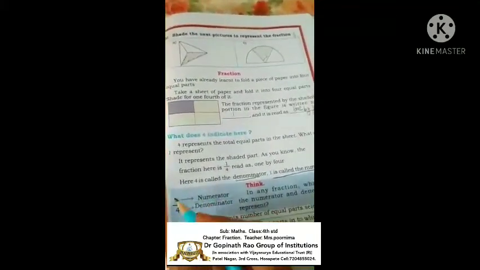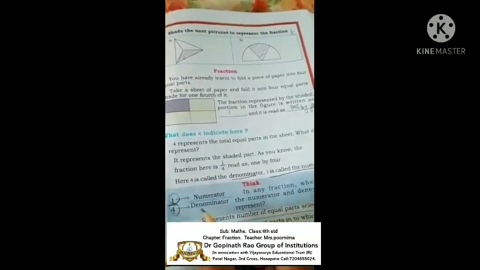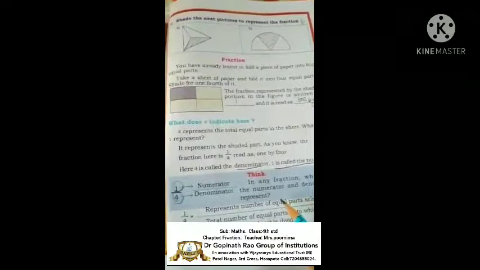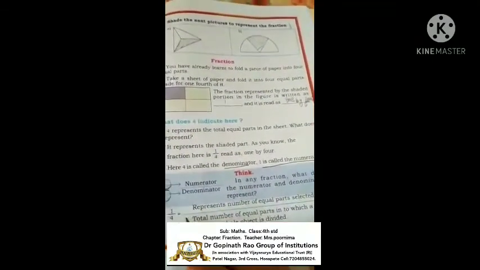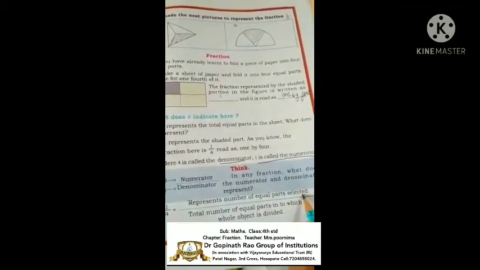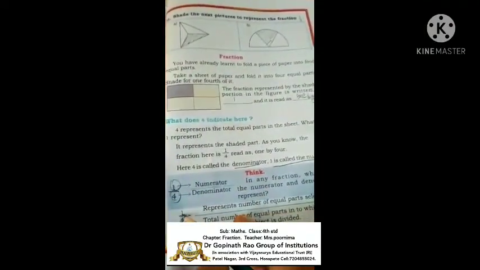Children, the upper part is called the numerator and the lower part is called the denominator. In any fraction, what do the numerator and denominator represent? Numerator represents the number of equal parts selected, the part that is selected and shaded. What does the denominator represent?